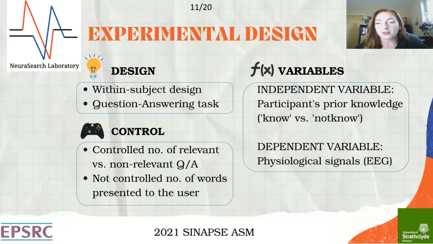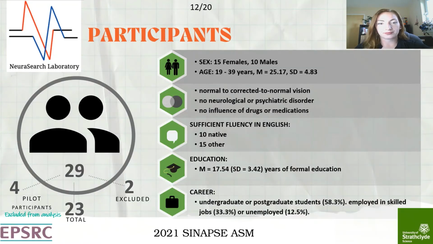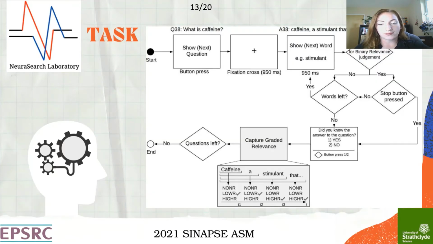So our independent variable was participants' prior knowledge, and our dependent variable was the physiological signal. We recruited 4 participants to test the paradigm for the pilot study, and then 25 neurologically healthy participants were recruited for the actual study, but we excluded 2 participants as their data contained noise.